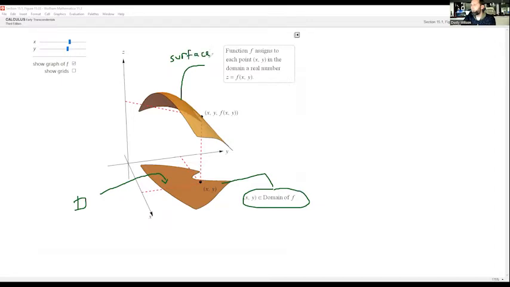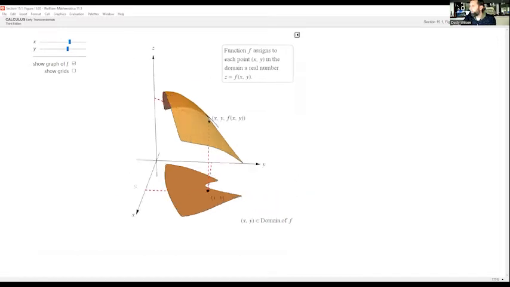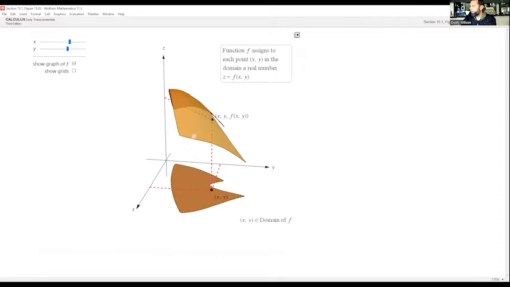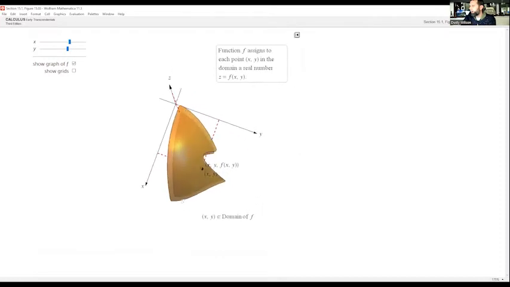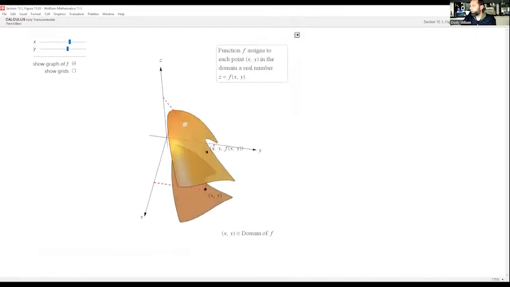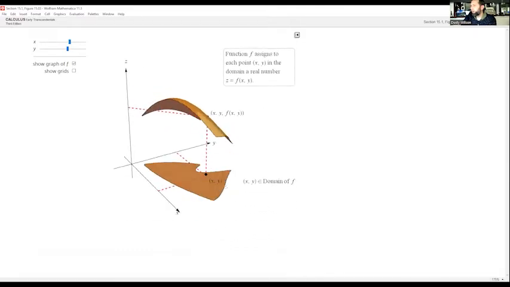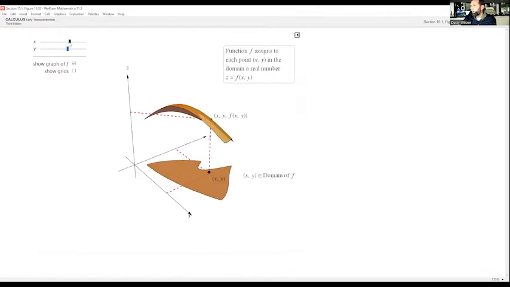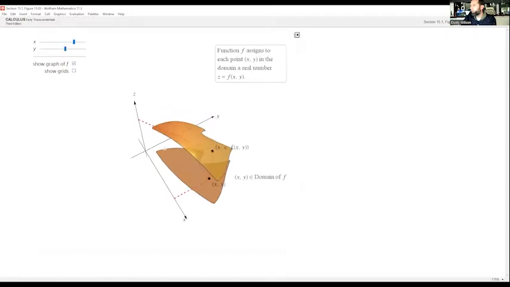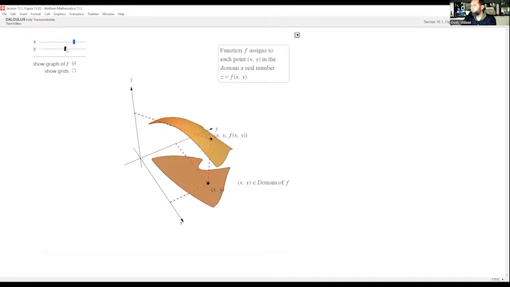It wouldn't have to be above, it wouldn't have to be a nice surface, but it certainly makes it easier to see what's going on. So what's going on is you'll notice that the surface is directly above the domain. And so for every point x, y in that domain, every x, y, you'll see there's a point on that surface.